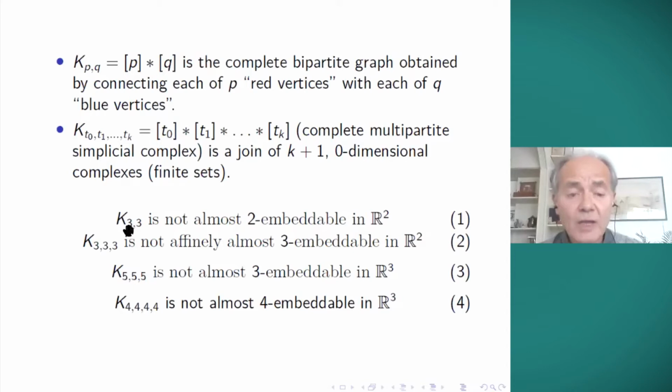And we know if you take only K2,1000, if you take 1000 points in one color and only 2 in another color, then you can embed it. So this is optimal. Already this result is optimal. K55 is also optimal in the same sense, and so on.